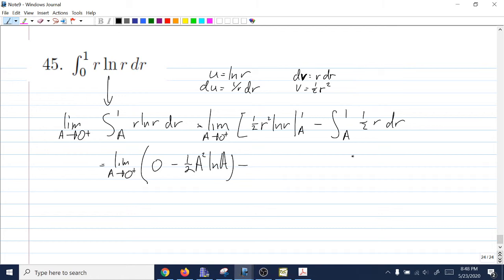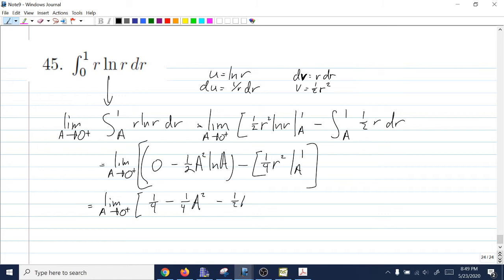Minus, integrate this, you get a fourth r squared evaluated from a to 1. This is all still inside the limit. It's the limit as a goes to 0 from the right of 1/4 of 1 is 1/4 minus a fourth a squared minus half a squared natural log a.